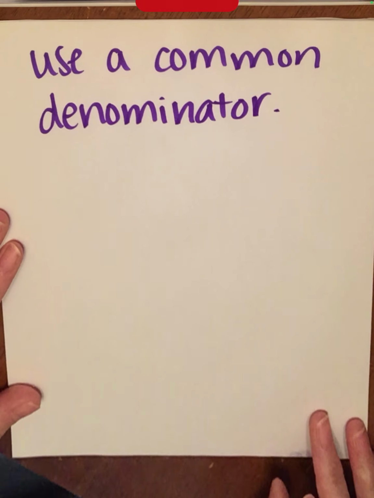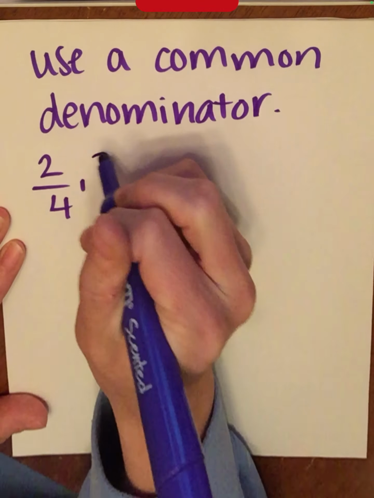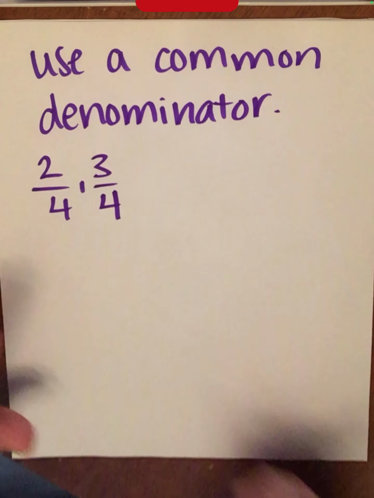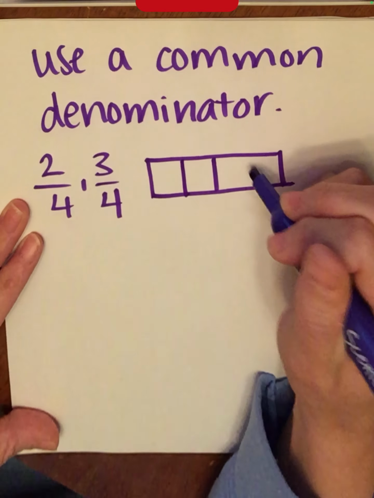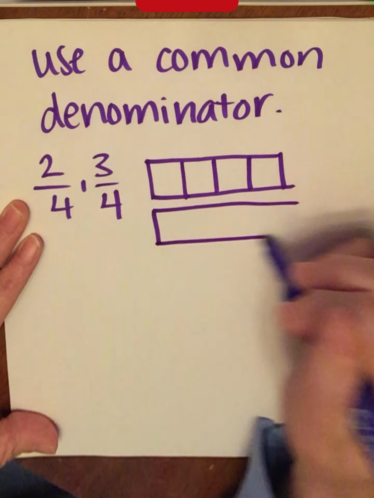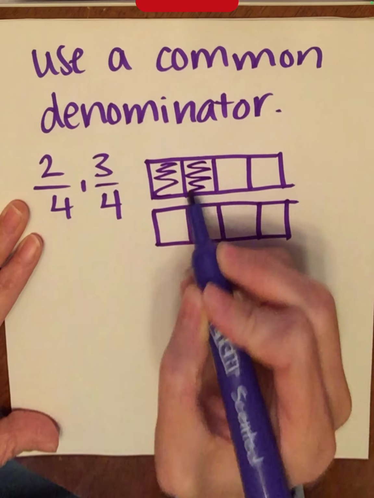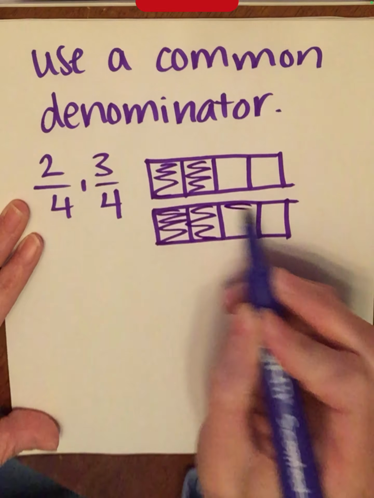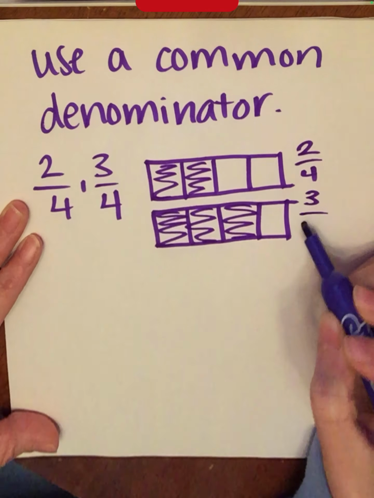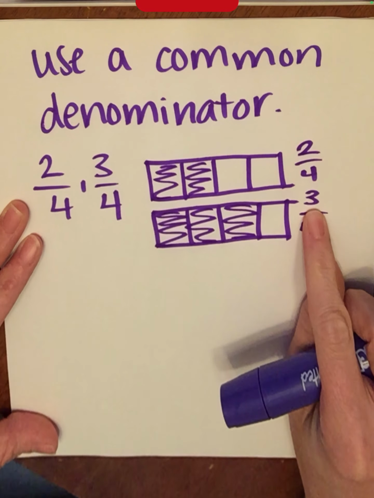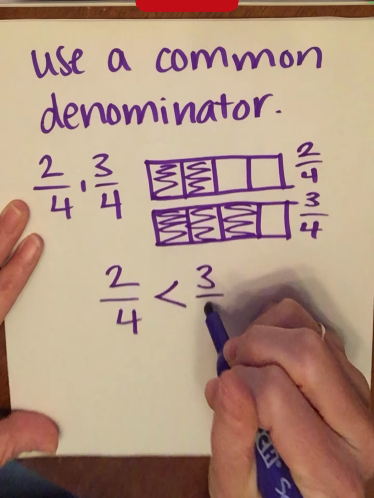And if you remember, when I use a common denominator, like let's say I have 2/4 and 3/4, my pieces are going to be the same size because I have the same denominator. 1, 2 here, and 1, 2, 3. 3/4 is going to be the larger fraction because I have more of the pieces shaded. So here I would say 2/4 is less than 3/4.